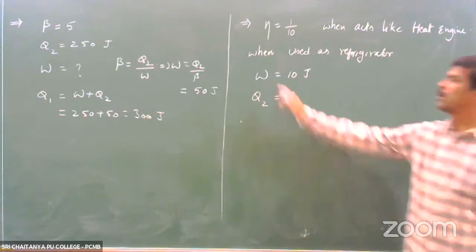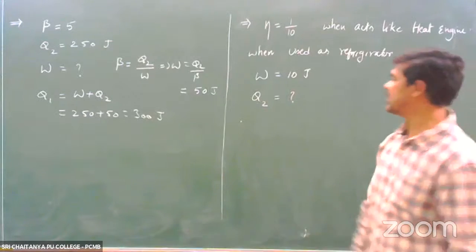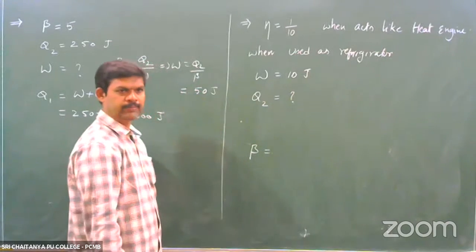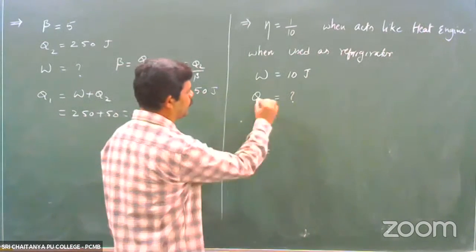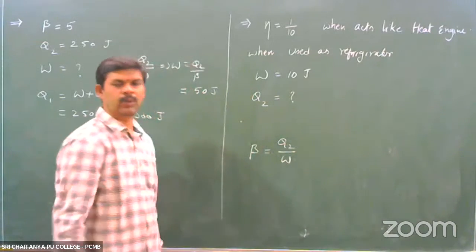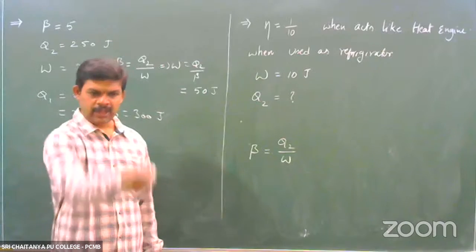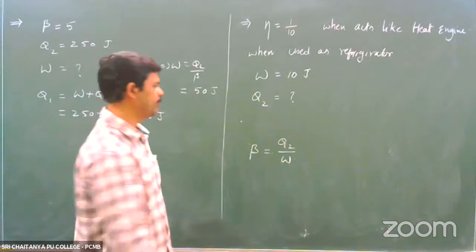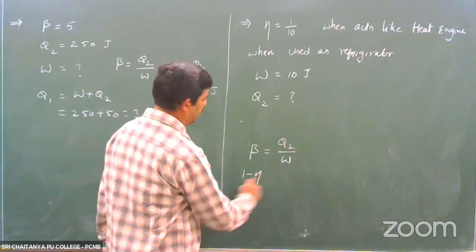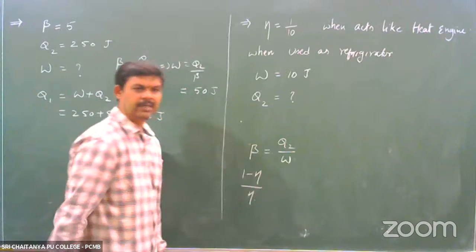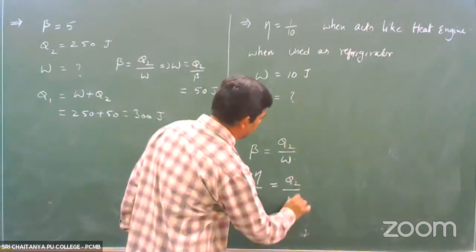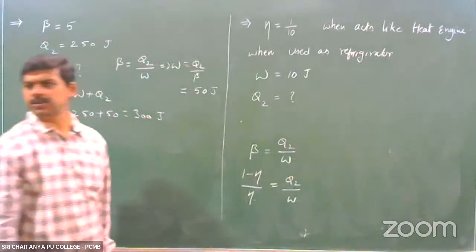To calculate this Q2, what is the formula? Beta is equal to Q2 by W. But here beta is not given. What is given? Eta is given. You have a relation between eta and beta. So beta is (1 minus eta) by eta, which is equal to Q2 by W. Substitute, you'll get the answer.